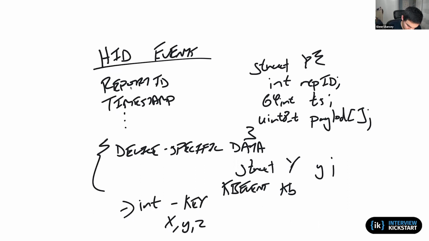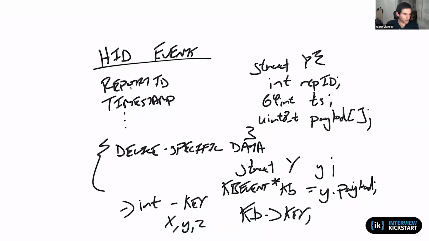We set it equal to y dot payload. Now we can go on using our new keyboard temporary variable and access the key pressed or whatever those fields happen to be within that payload. Did that example make sense?